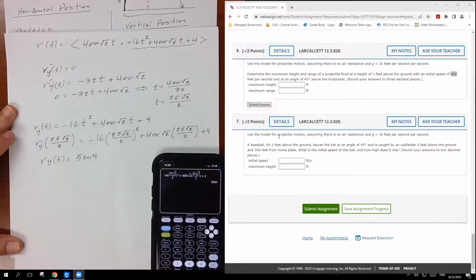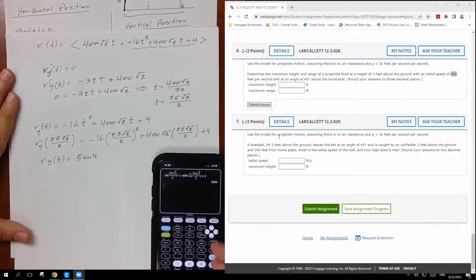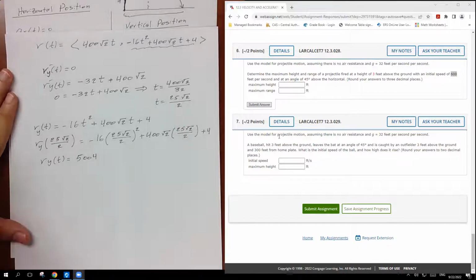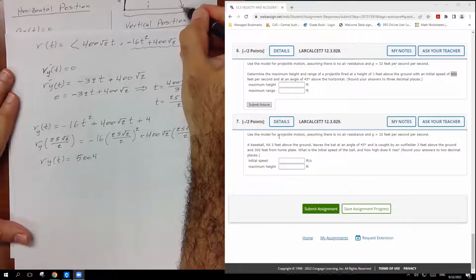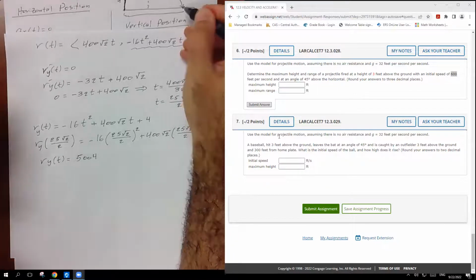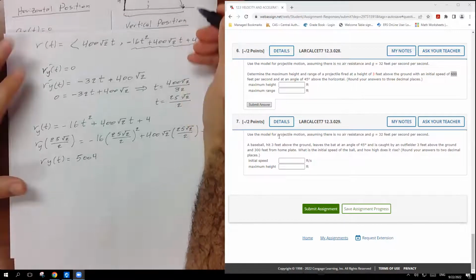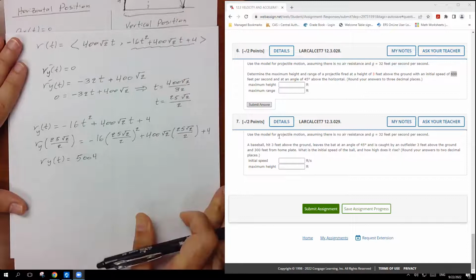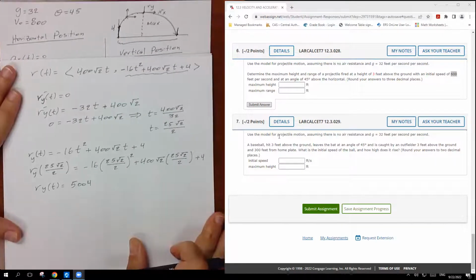The second part, we need to find the maximum range. Here is the maximum range. So for the maximum range, we also need to find the time. At this point, you can see on the graph, this is the maximum range.